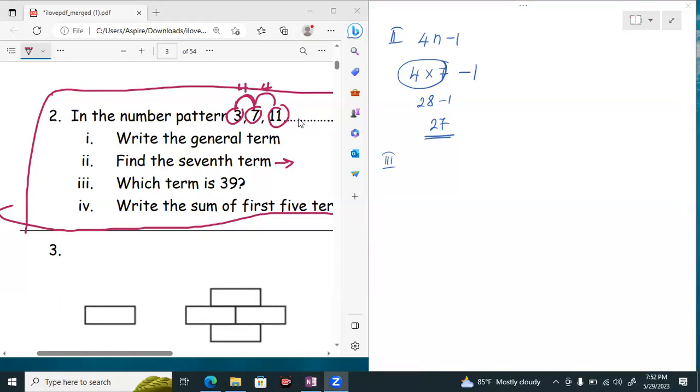Third one: which term is 39? How do we find it? You have to equate the general term 4n minus 1 to the 39.